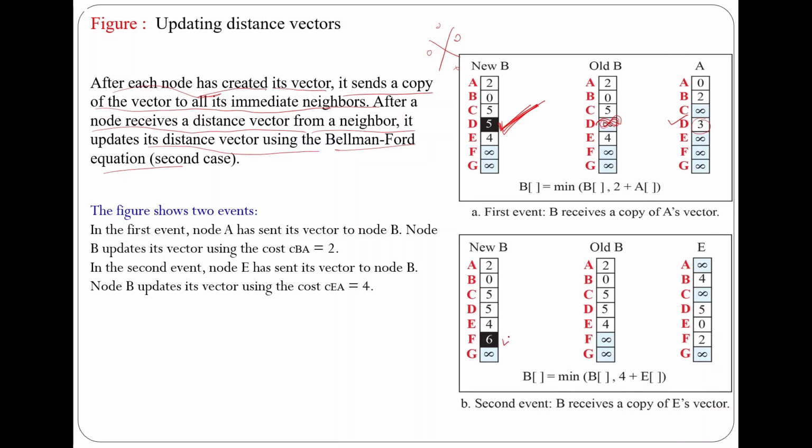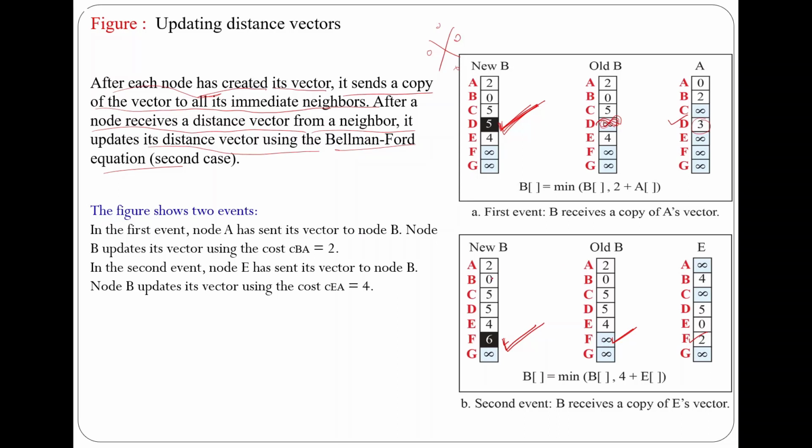That is why we can see it in the new table. With respect to F, it is 2. It is not an immediate neighbor, so it will be replaced with the value 6. Are you understanding this? In this way, every time the old B table is updated to the new B table.